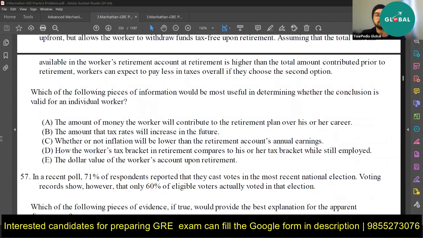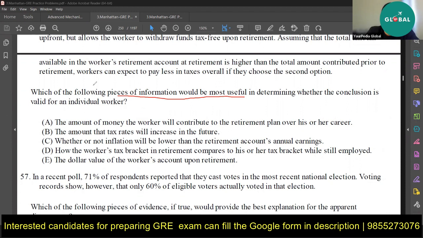You have to tell me why it is not correct. So what is he asking? Which of the following pieces of information would be most useful in determining whether the conclusion is valid or not? The first one is the amount of money the worker will contribute to the retirement plan over his or her career.